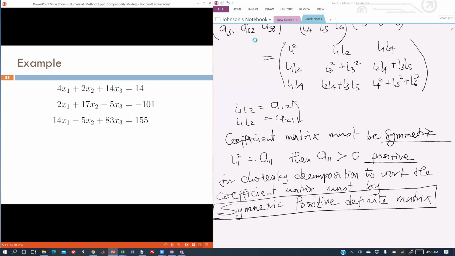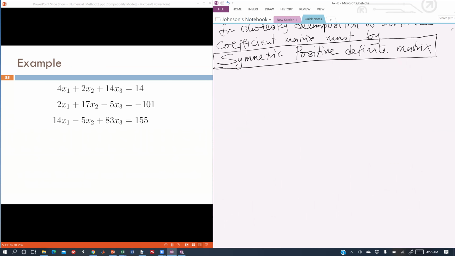Later we'll discuss the whole idea of symmetric positive definite matrix in detail, where we will learn how to test whether a given matrix is symmetric positive definite, and that will be a topic on its own in another video.